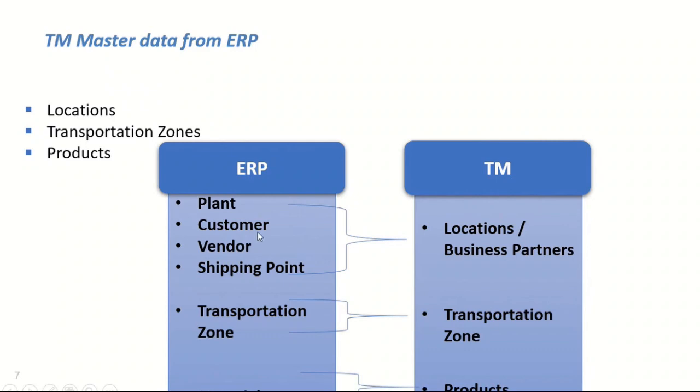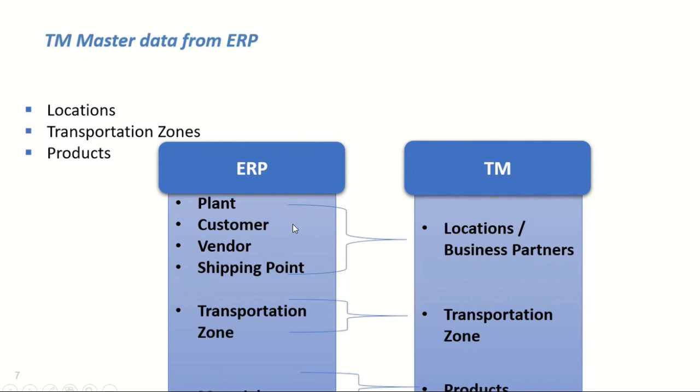So these plant, shipping point, customer, vendor, when all these are transferred to the TM system, each is created either as a location or business partner. Okay. So plant and shipping point will only be created as location, whereas customer and vendor can be created as both location as well as business partner. Okay, so let's say we have created the customer South India distributor.